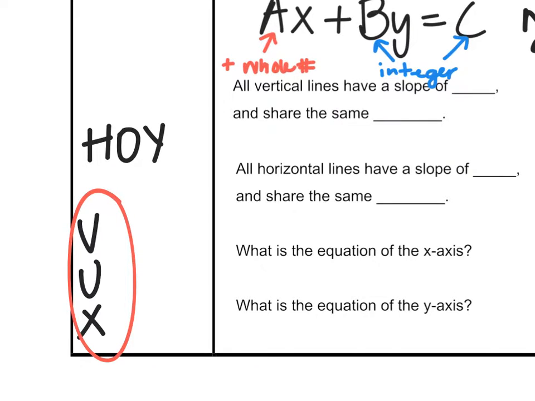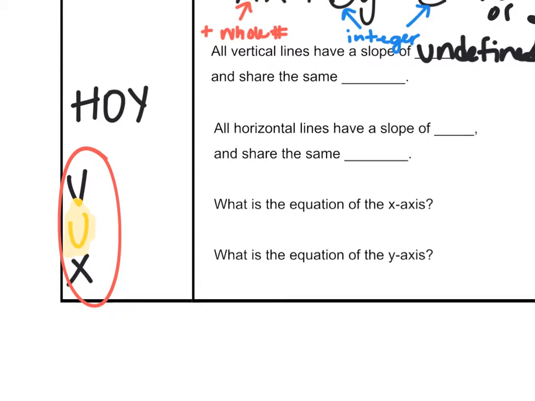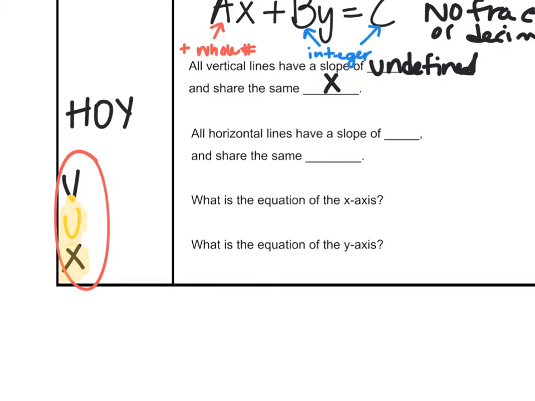Vertical lines have a slope of undefined, that's the U, and they share the same x. So that means that there will be x equals. So vertical lines are undefined and our x equals a number. So the equation will look like x equals a number.